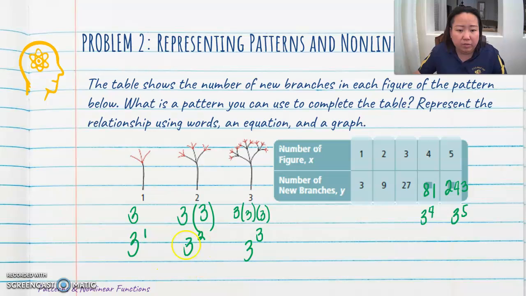So just like what we have observed here, the pattern that we are seeing is that the number of new branches, which is y, will always be equal to 3 raised to the number of figure. So this is figure 1, figure 2, figure 3, and those are the original branches. Okay? All right.